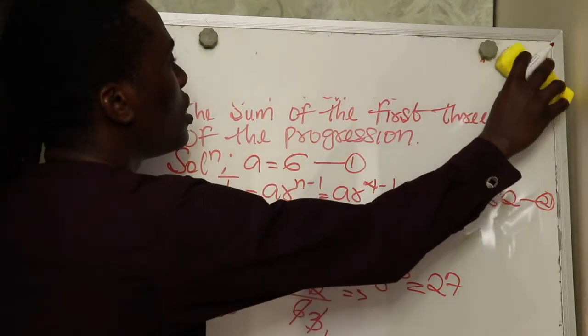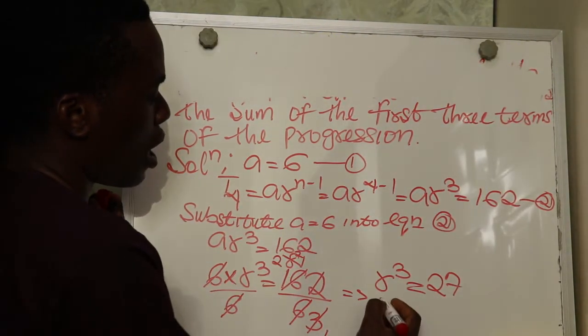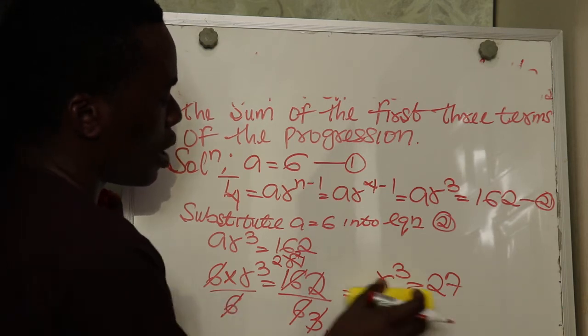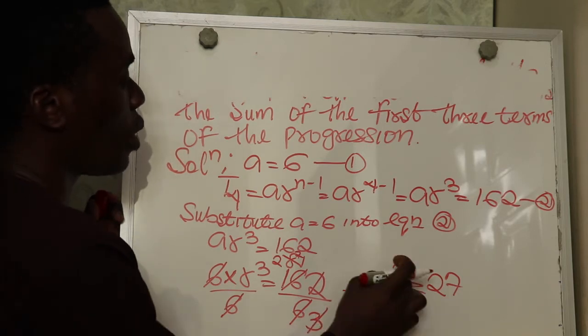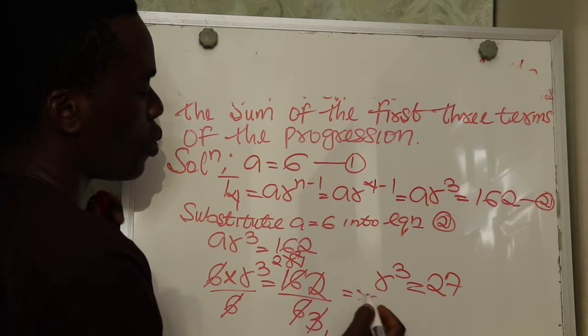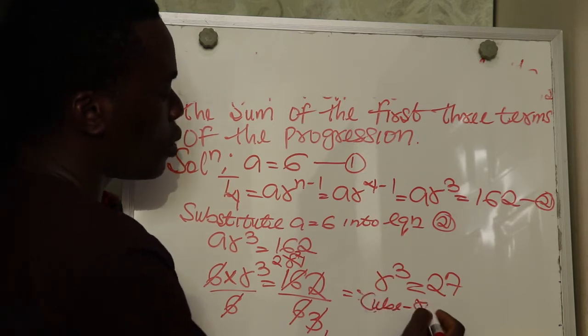We'll substitute this here. We are going to have r^3 to be equal to 27. So to clear this cube, all we need to do is to cube root both sides.